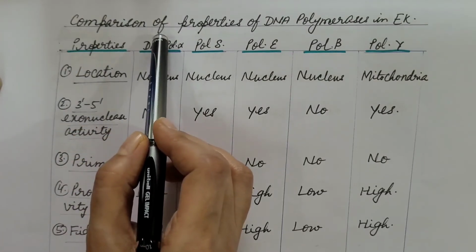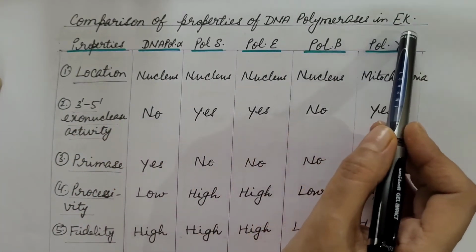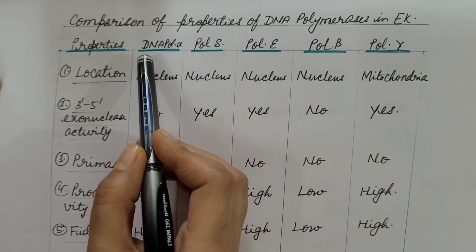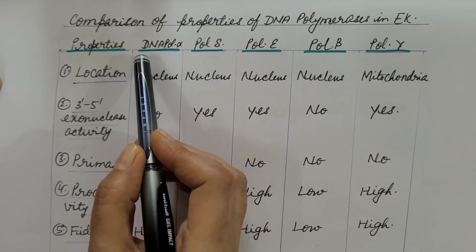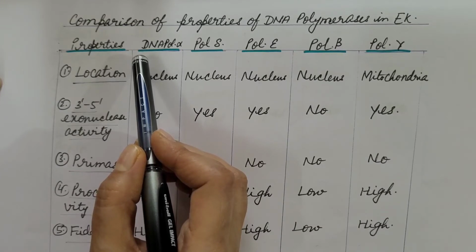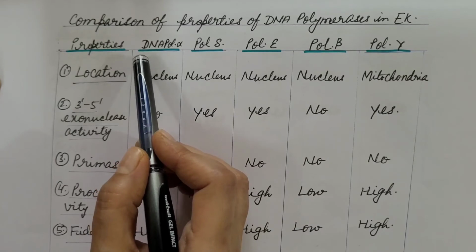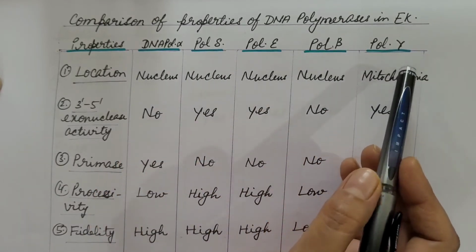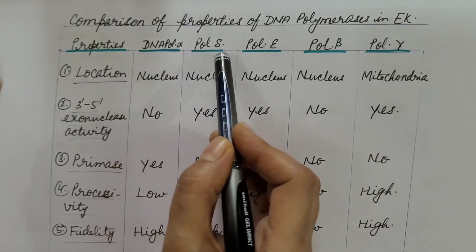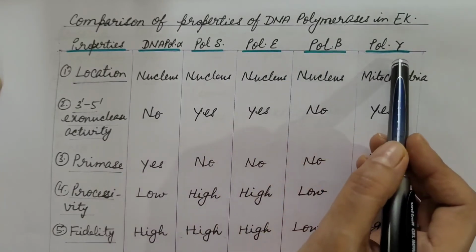Now the comparison of properties of DNA polymerases in eukaryotes. It was found that there are around 15 different DNA polymerases present in eukaryotes, but only 5 different types are mainly studied. These are DNA polymerase alpha, delta, epsilon, beta and gamma.